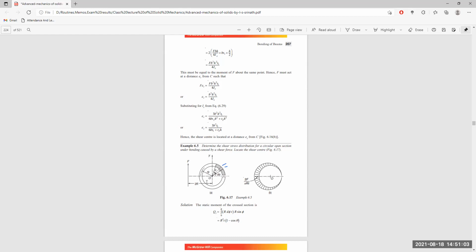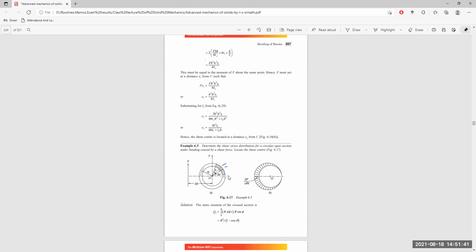R is the mean radius of the ring itself. The element area is R into d phi into t. This is R d phi, the arc length of this portion of the beam, multiplied by the thickness t of the beam, and R sine phi is the height of this element from the axis of rotation itself.